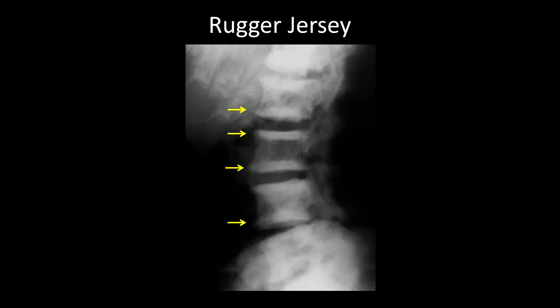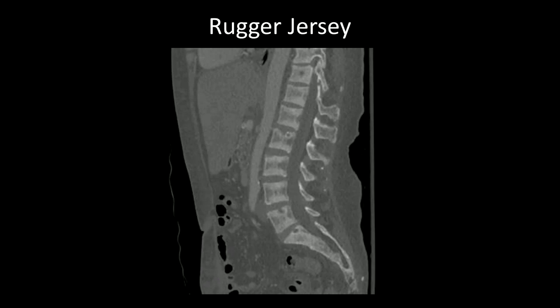So the last finding that we need to be aware of when we're speaking about renal osteodystrophy are these increased deposits of bone that in the spine go under the name of rugger jersey spine, where the end plates appear more sclerotic than the mid portion of the vertebra. But you can get a more generalized sclerosis as well.